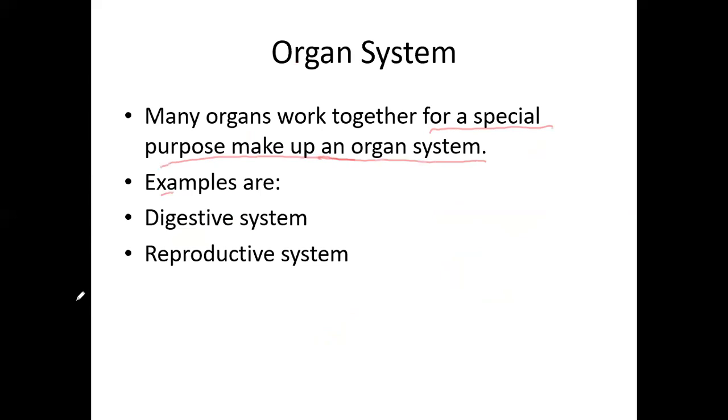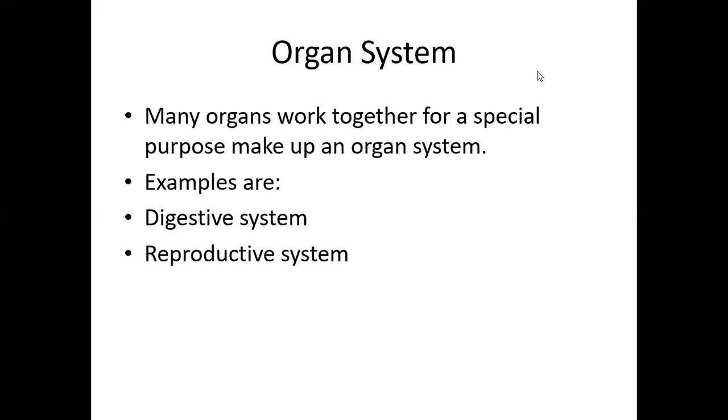Here examples are the digestive system, and in the digestive system you can see the buccal cavity, pharynx, larynx, esophagus, stomach, small intestine, large intestine. All these are the different organs which make up one digestive system. And the same is the case with the reproductive system. Different organs are working together to make one organ system. Again, you can give any example which you feel is easy.